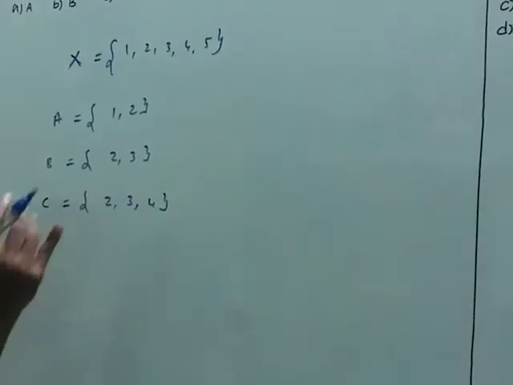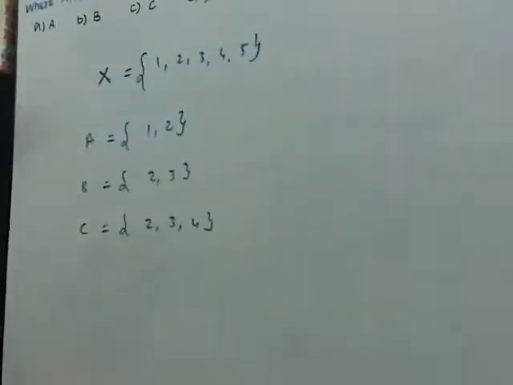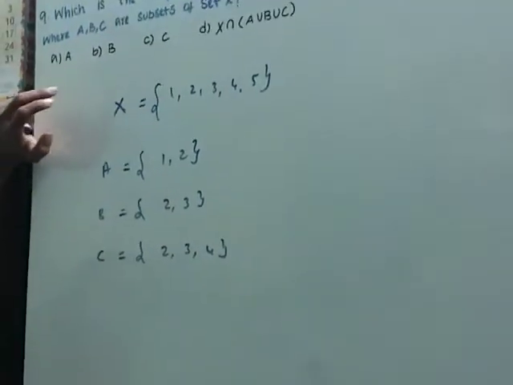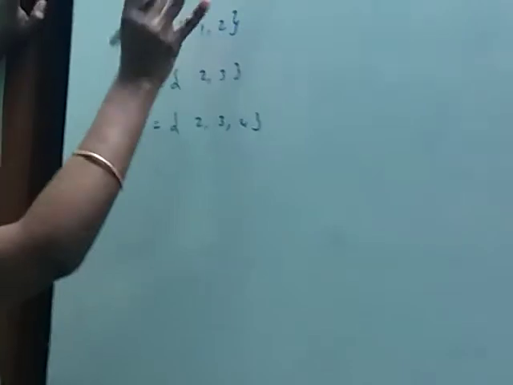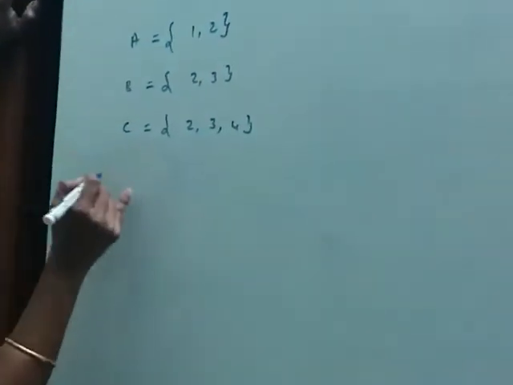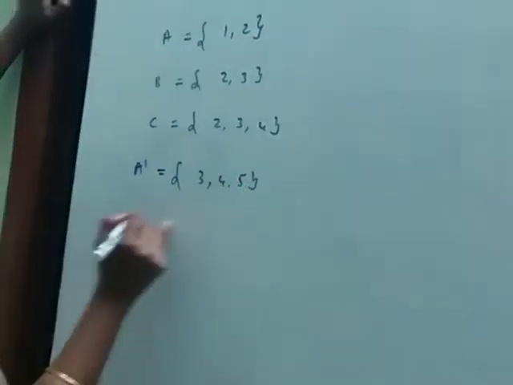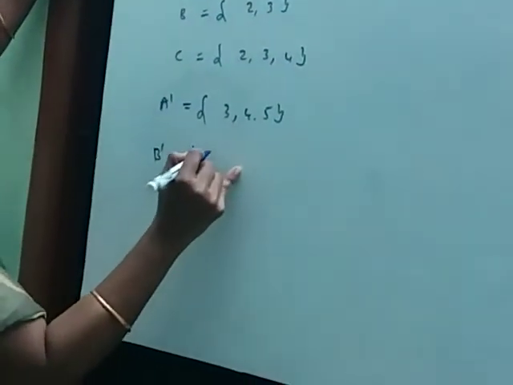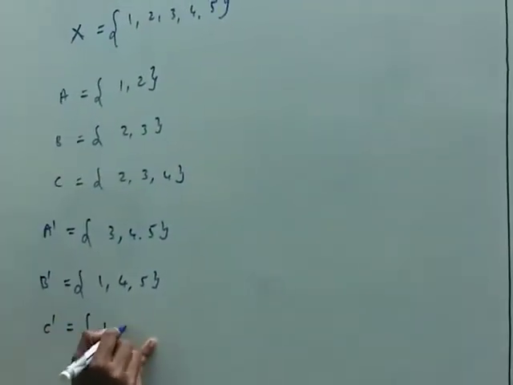Children, you can take any example and you will get the correct answer. You have to assume any sets to define the answer. First, A dash is 3, 4, 5. What is B dash? 1, 4, 5. What is C dash? 1, 5.